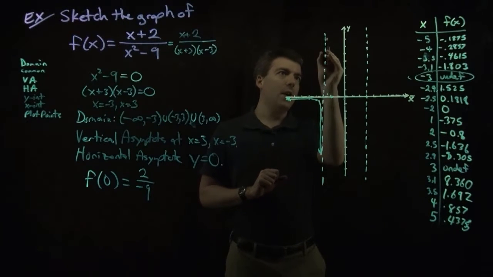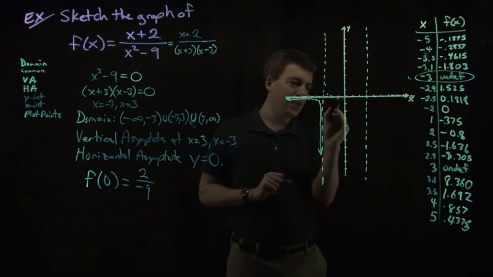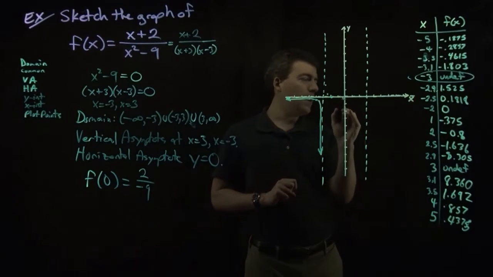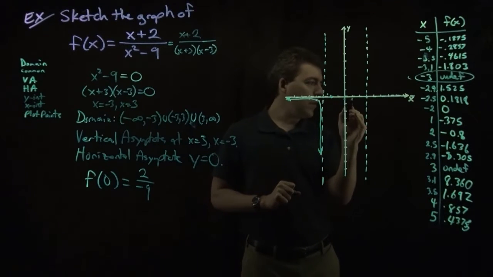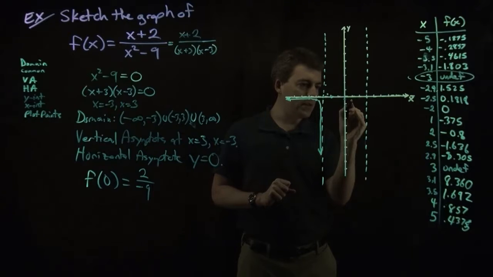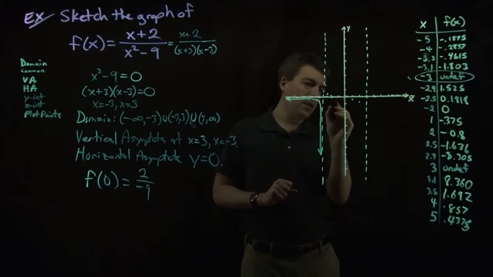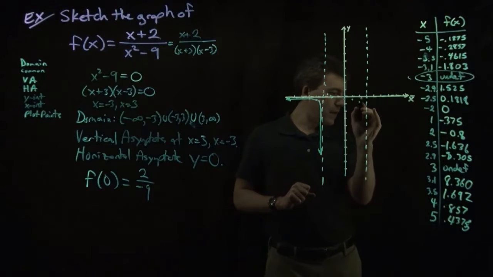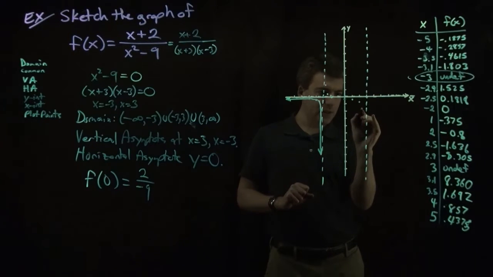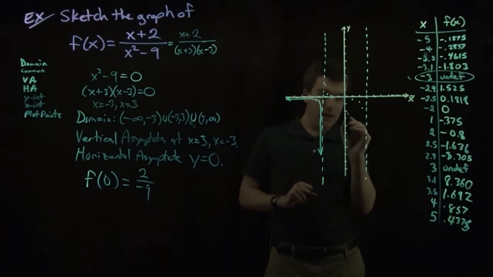So you can see the graph is going to come down, hit the intercept, pass through, and then at 1 we have about a third. And then at 2 we have almost 0.8. And so we're going to fall off. And then at 2.9 we are at -8 on 1, 2, 3, 4, 5, 6, 7, 8.